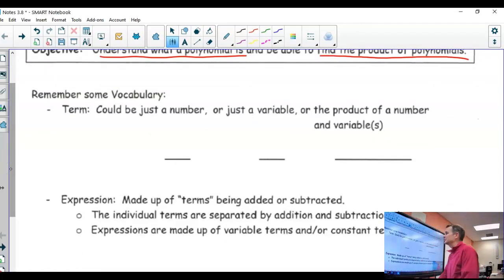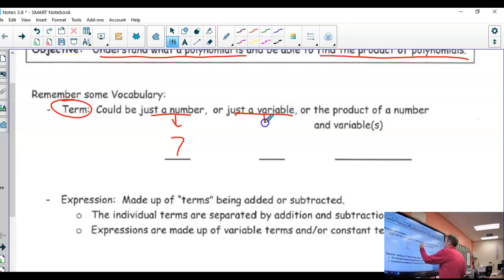So, first we want to remember some vocabulary. Do you remember from Math 8 what a term is? A term could be just a number, like the number 7. Could be just a variable, like the most popular variable, x.